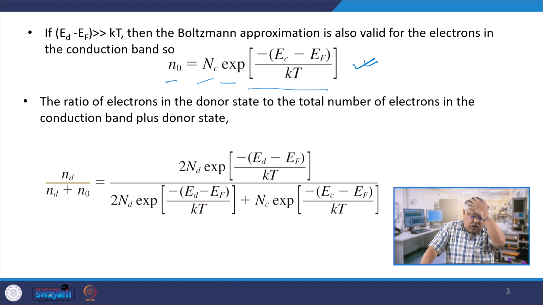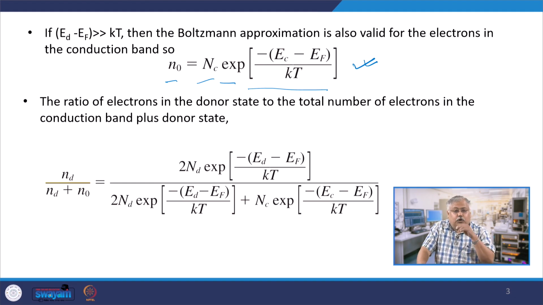Now we need to find out the ratio of the electrons in the donor state to the total number of electrons in the conduction band plus donor. So there are two elements. One is that you have a conduction band electron and then you are adding over and above the donor state atom. So ND is basically the donor state atom and N0 is the initial conduction band electron count.